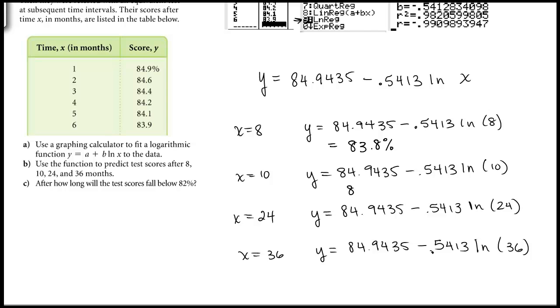After 10 months, it goes to 83.7%. After 24 months, the score goes to 83.2%. And after 36 months, your score is going to be 83.0%. So the longer the time goes, the less people retain.